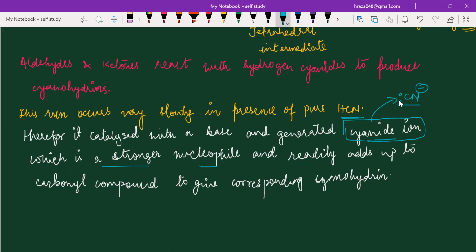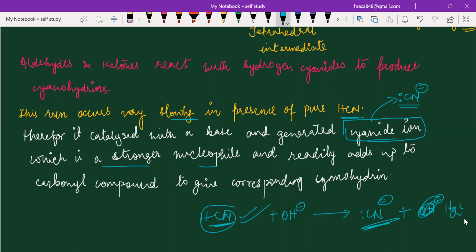See, this HCN is not that strong a nucleophile. That's why the reaction occurs very slowly. So we did catalysis of this hydrogen cyanide, and then we will get the cyanide ion, which is a strong nucleophile. Okay, H2O is there, not OH minus. Is that clear? Yes, sir.